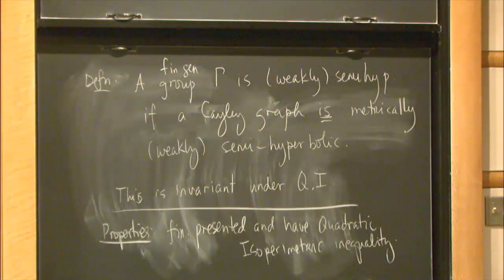And the way that I have to actually prove that is the following. I'll just outline the proof of that. What you show is that if I have to pick a bicombing, right? So what I can do is given any pair of points, I can just pick any geodesic between them, right? Remember, think about the Cayley graph of a word hyperbolic group. Just pick any. Choose a geodesic.